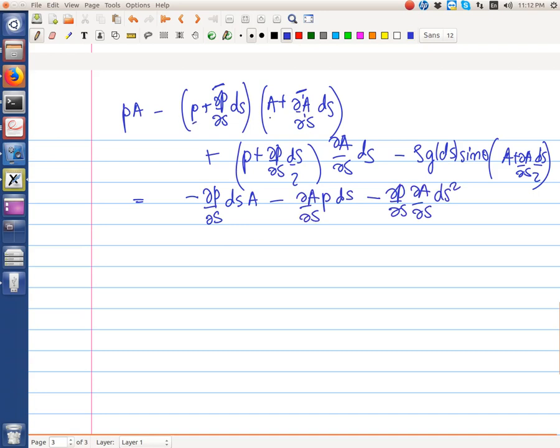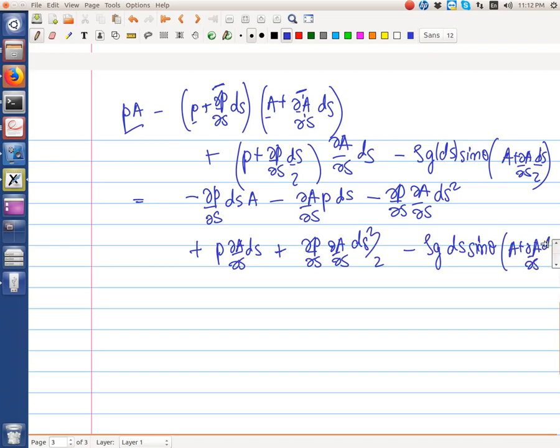So this P into A we have cancelled from this, plus P del A del S ds plus del P del S del A del S ds square by 2, minus rho g ds sin theta times A plus del A del S ds by 2. So this term and this term also get cancelled, so minus del P del S ds A.